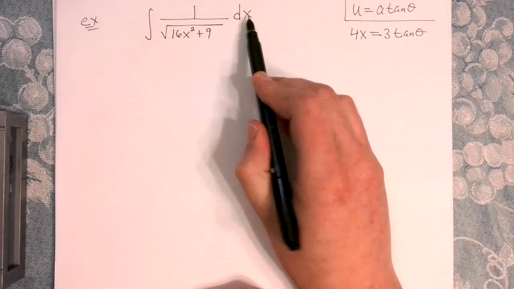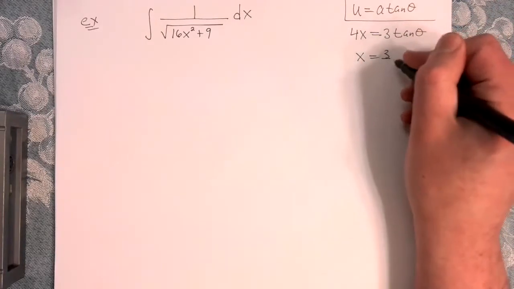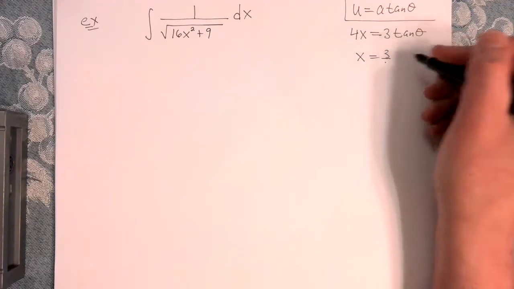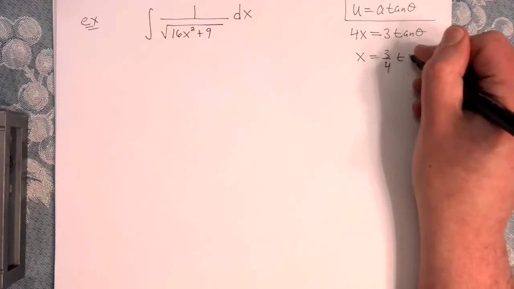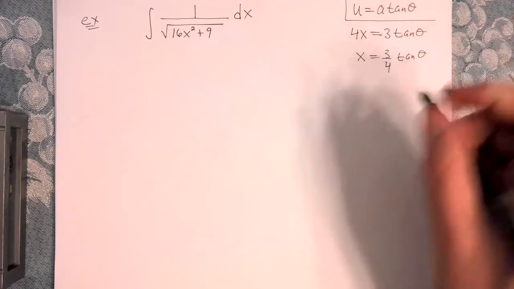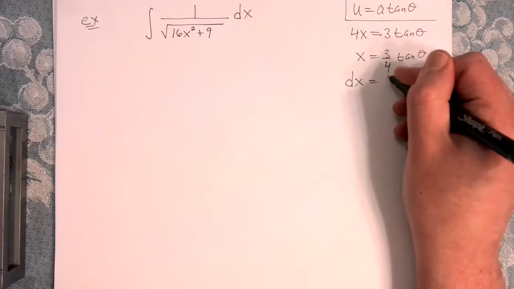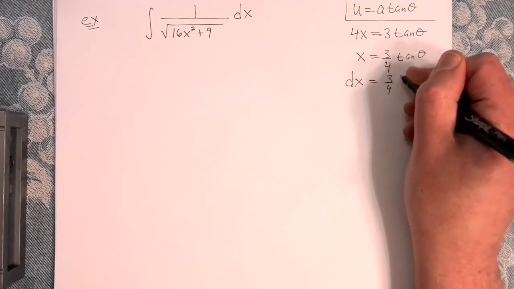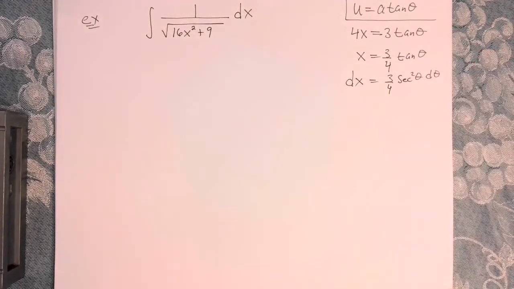We want something that's in terms of our new variable theta. So maybe we should isolate x, and then we'll take the derivative, and that will help us get rid of dx. All right, so if I compute the derivative, so dx is equal to 3/4 secant squared of theta d theta.